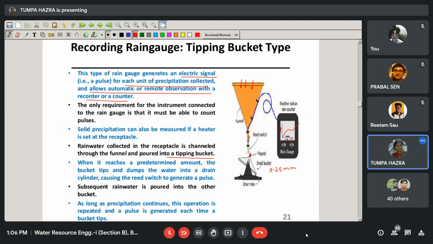This tipping bucket is associated with an electrically driven pen to trace the record on a clockwork driven chart. So whatever rainfall is collected within the bucket is plotted with time, and therefore automatically the mass curve is formed. That is why it is one of the recording type rain gauges.